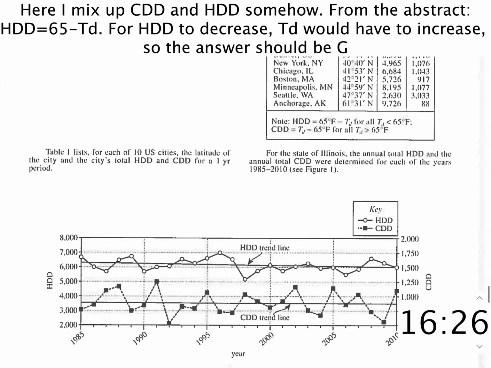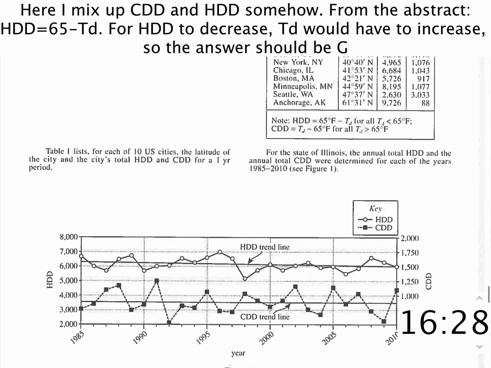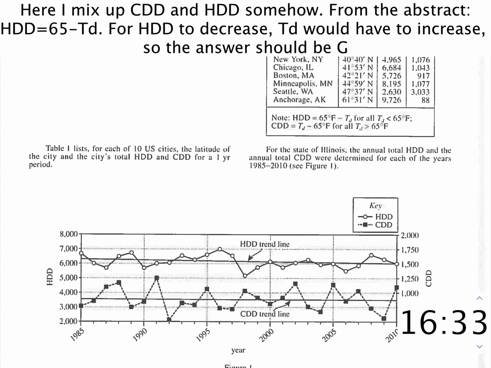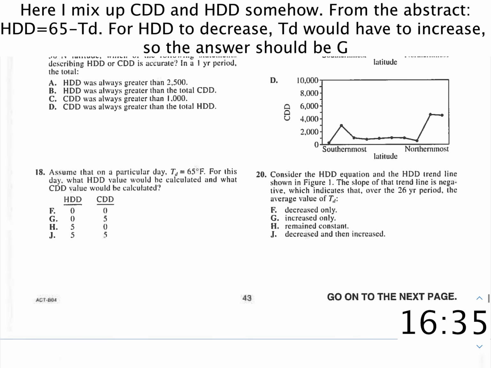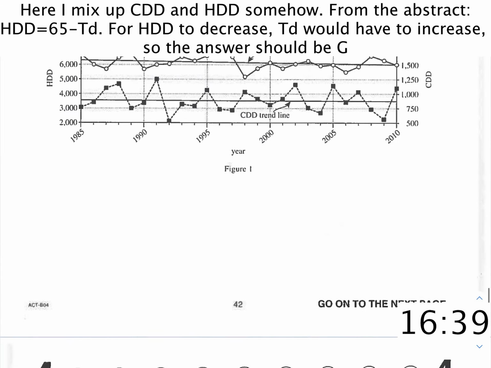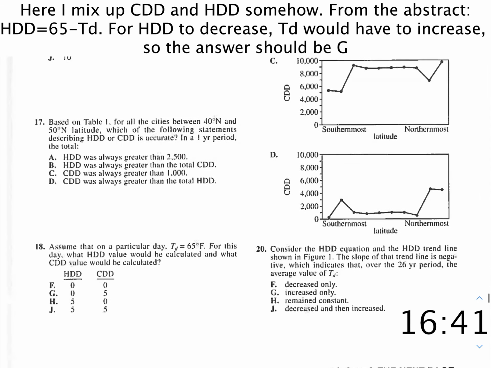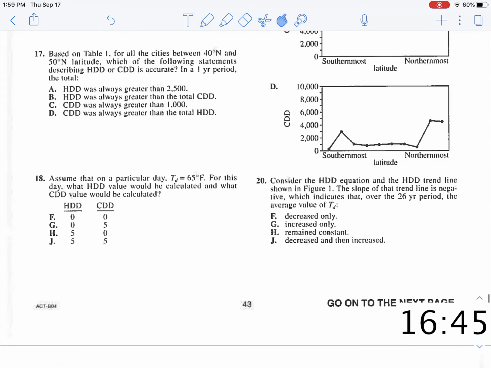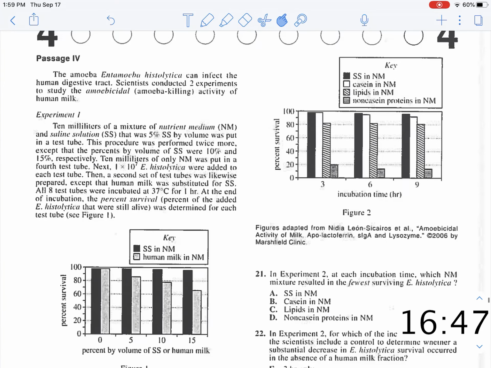So it's going down. Then Td would be getting smaller. Gosh, this is so annoying. Yeah, decreased only, so that'd be F. Great, move on. We are still behind.